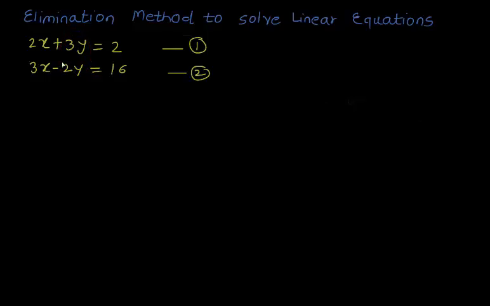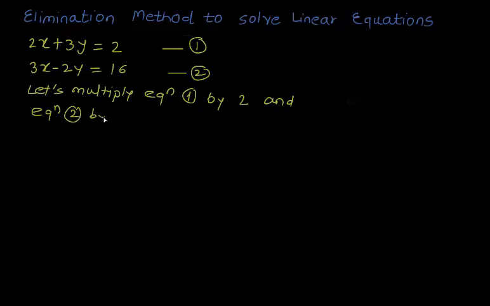However, instead of working with fractions, let's multiply equation 1 by 2 and equation 2 by 3. If we multiply the first equation by 2, we'll get 6y over here, and if we multiply the second equation by 3, we'll get minus 6y. So both terms will cancel each other and y will get eliminated.